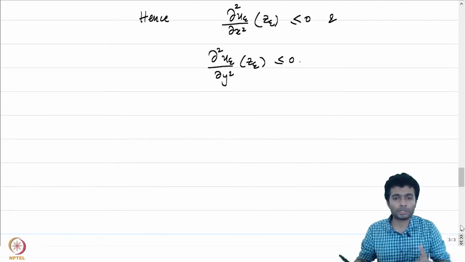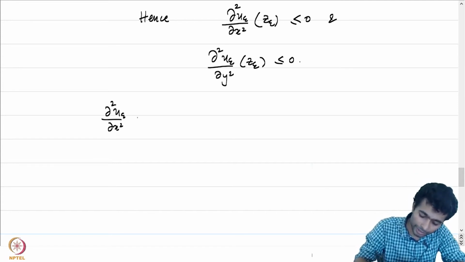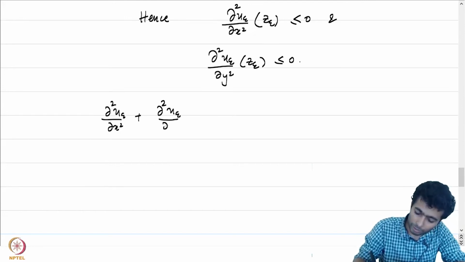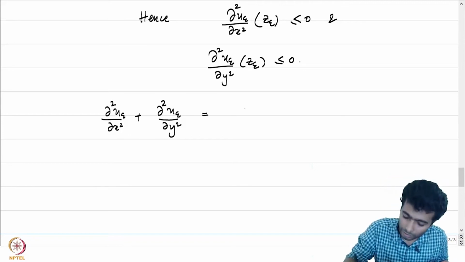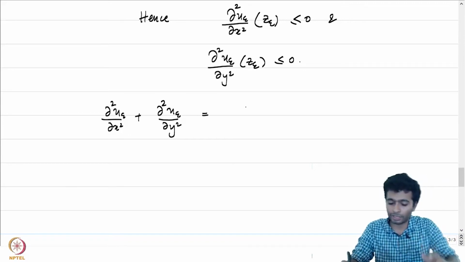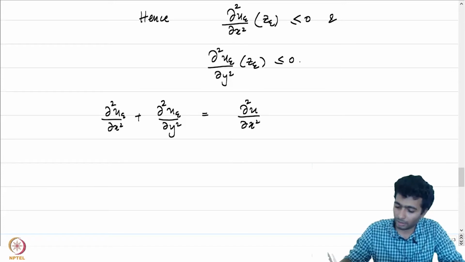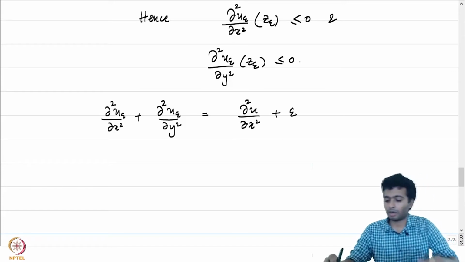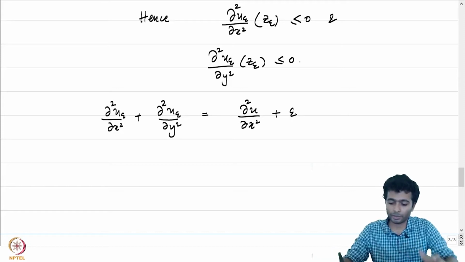We know what u epsilon is explicitly, right? Dou square u epsilon by dou x square plus dou square u epsilon by dou y square. Hence, this should be less than or equal to 0, right? But by linearity of the differentiation, this is going to be dou square u by dou x square, and if you differentiate x square plus y square twice, you get 2.